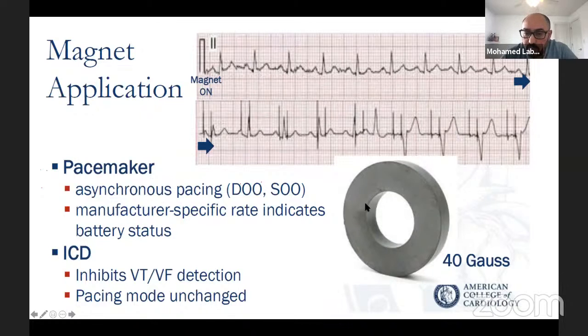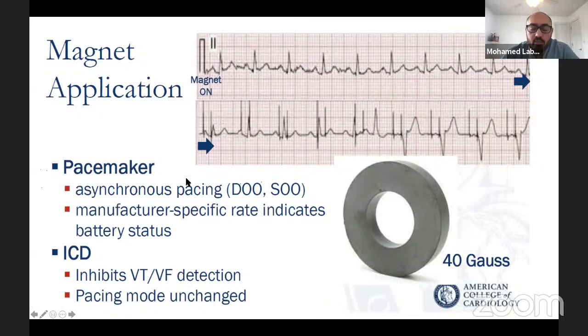So this is important. If you have someone who's coming to you in the ER, he's in VT storm, he's getting shocked every 5 minutes, he's tortured, you're still working on managing his VT storm, you don't have the programmer next to you, just put the magnet on it, it will inhibit the shocks of the ICD, and then you figure out what to do with the VT.